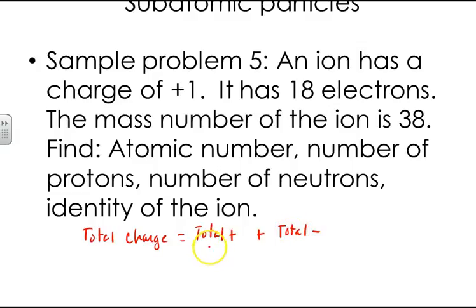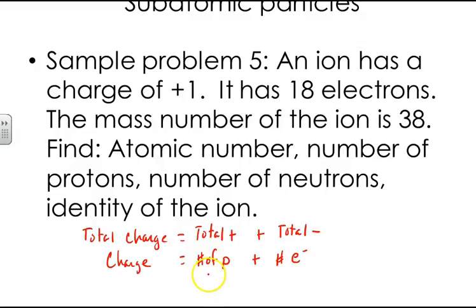Total positive is going to be the same as the number of protons. Total negative is the same as the number of electrons, but it's going to be negative, and that gives us our total charge.